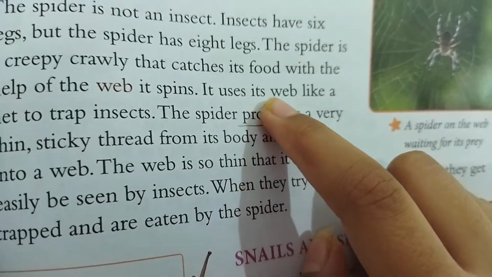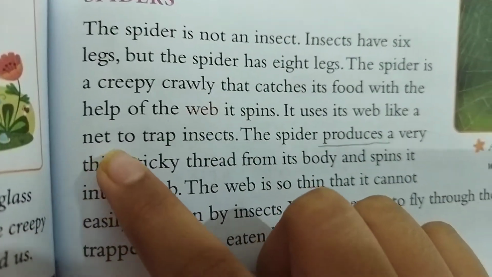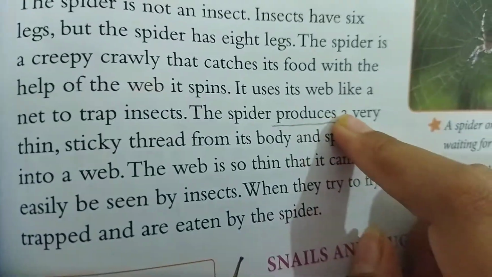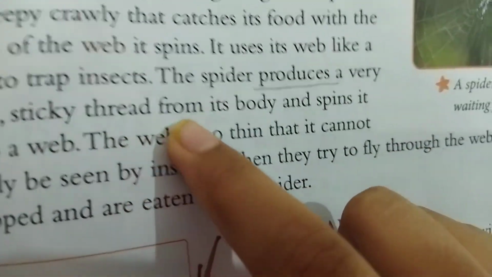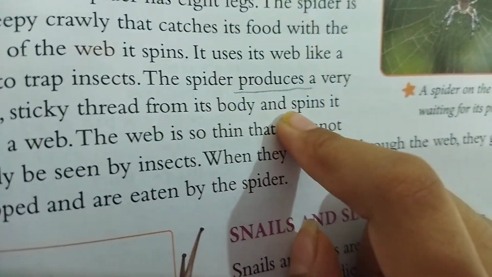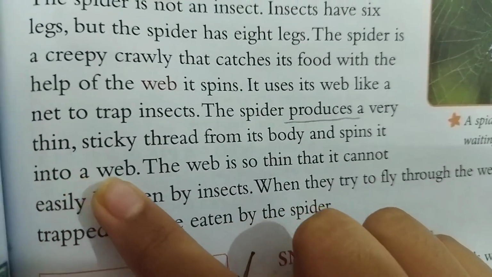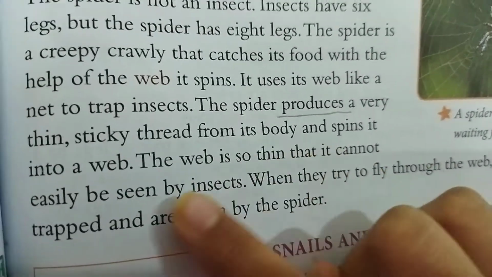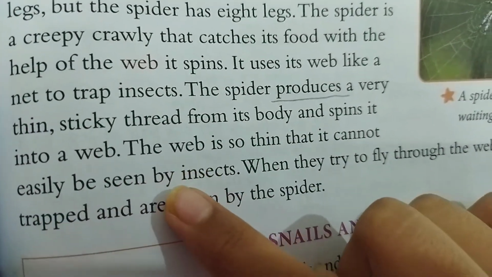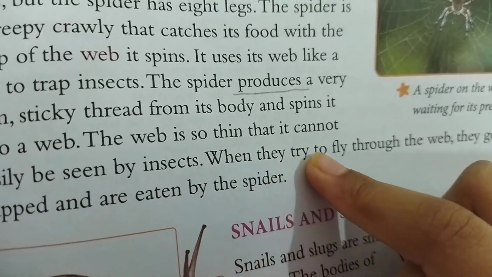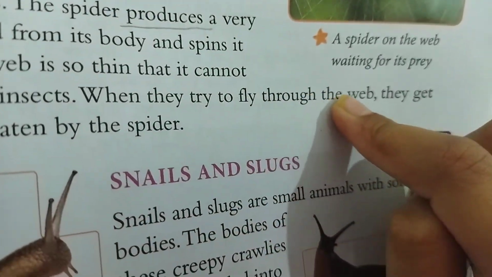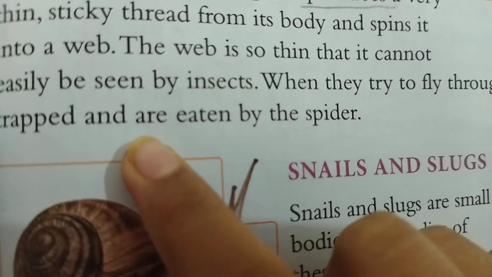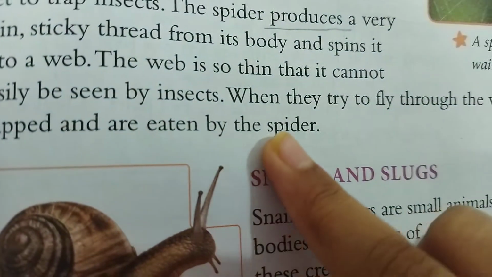It uses its web like a net to trap insects. It produces a very thin sticky thread from its body and spins it into a web. The web is so thin that it cannot easily be seen by insects. When they try to fly through the web, they get trapped and are eaten by the spider.